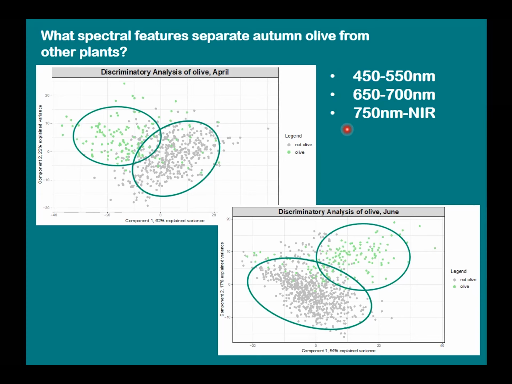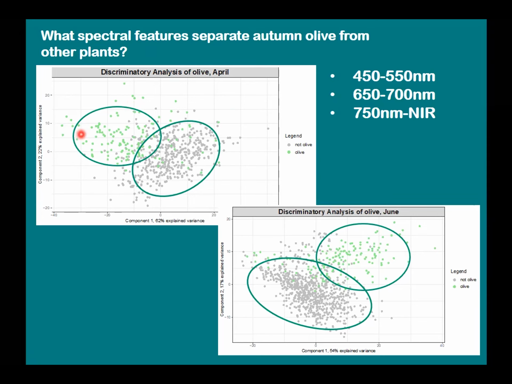Not surprisingly, the blue and the red are pigment related, and near infrared reflectance is very much driven by vegetation. And so she ran a partial least squares discriminant analysis for both April and June for autumn olive versus everything else, and it worked out pretty well.